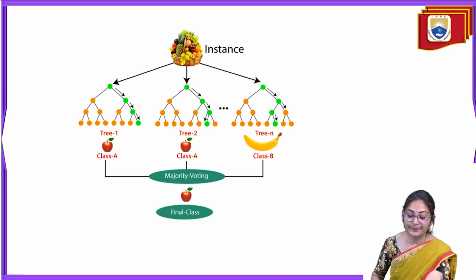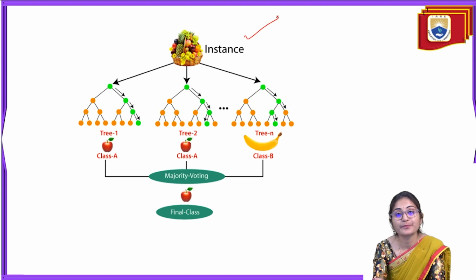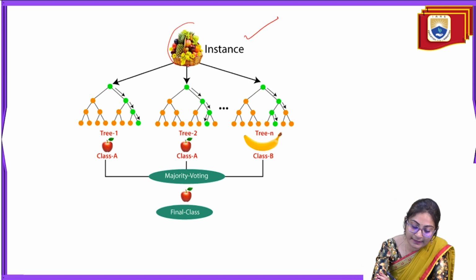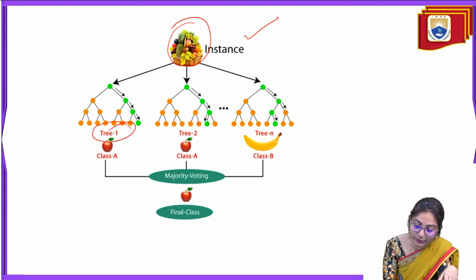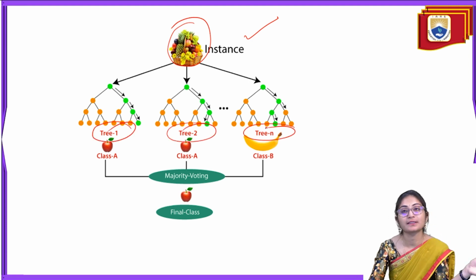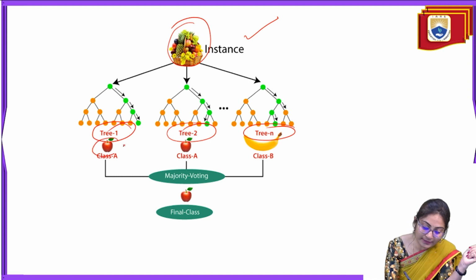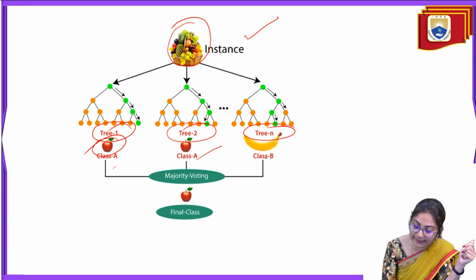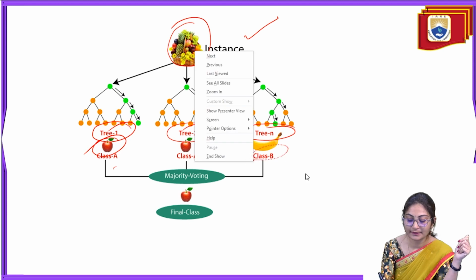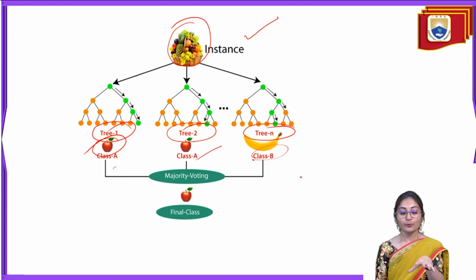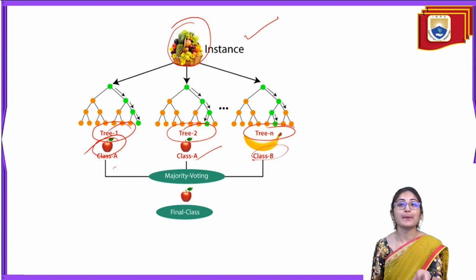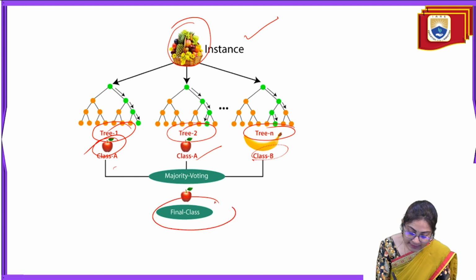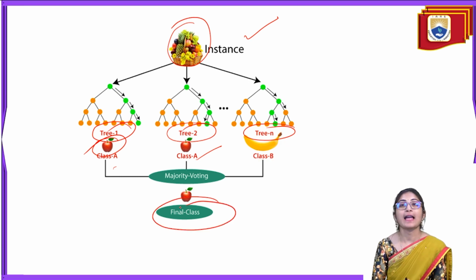Now, there are instances containing so many fruits: tree 1, tree 2, tree n. Tree 1 class A and tree n class B. That means we are going according to the majority voting, and here the majority is for the apple. So the final class, your final result, is apple.